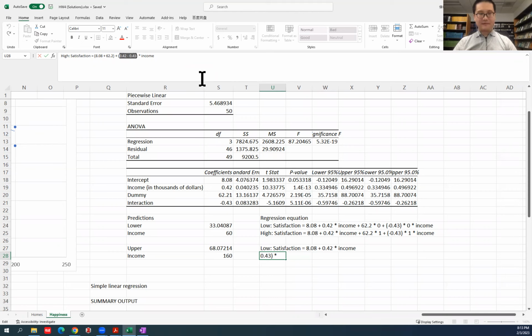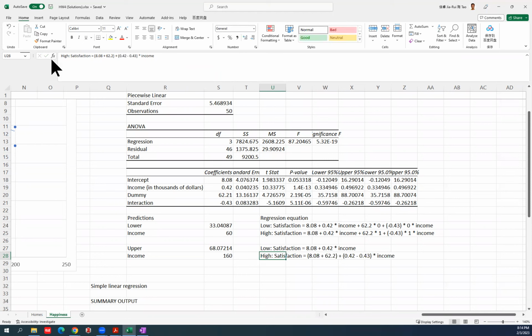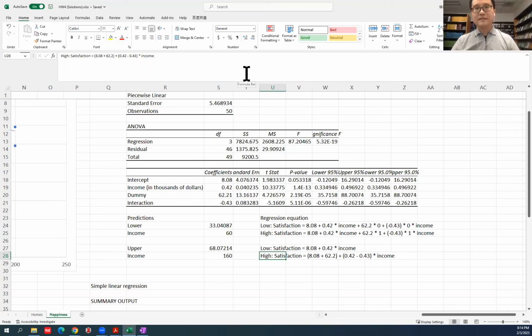All right. One thing, just one thing, Jerry. Would it be the same if you flipped them? If the low income had a 1 and the high income had 0? Good question. To see what happens when you do that, I encourage you to run a regression, then see what happens.